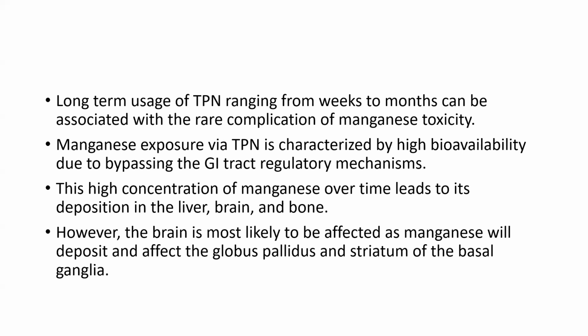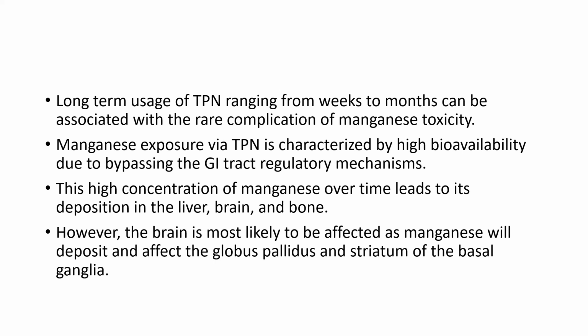Long-term usage of TPN, ranging from weeks to months, can be associated with the rare complication of manganese toxicity. Manganese exposure via TPN is characterized by high bioavailability due to bypassing the GI tract regulatory mechanism. This high concentration of manganese over time leads to its deposition in the liver, brain, and bone.